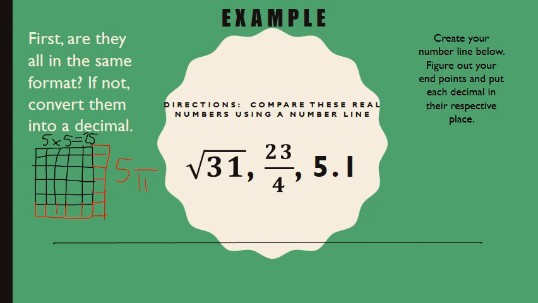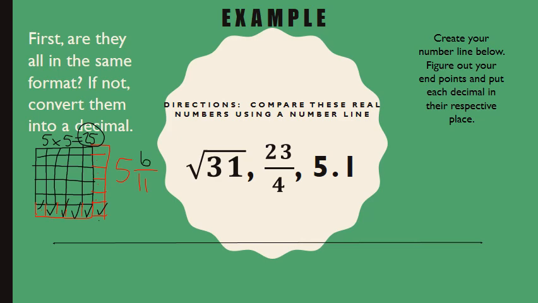Starting at 25, let's count to 31, and I'm going through this quickly because you should already know how to estimate here. So 25, 26, 27, 28, 29, 30, 31. We use 1, 2, 3, 4, 5, 6 out of our 11 boxes.